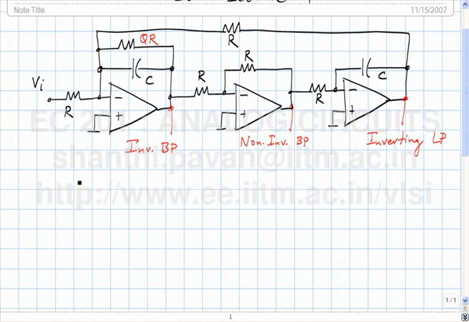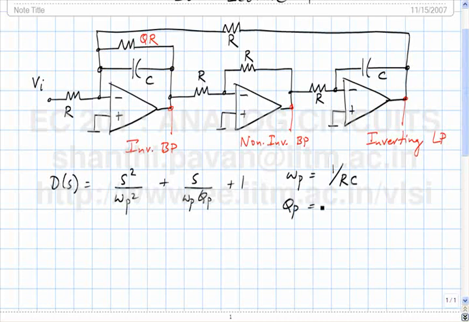denominator: D of S, which is of the form S square by omega P square plus S by omega P QP plus 1, where omega P is simply given by 1 over RC, and QP is Q. I have chosen both identical capacitors.